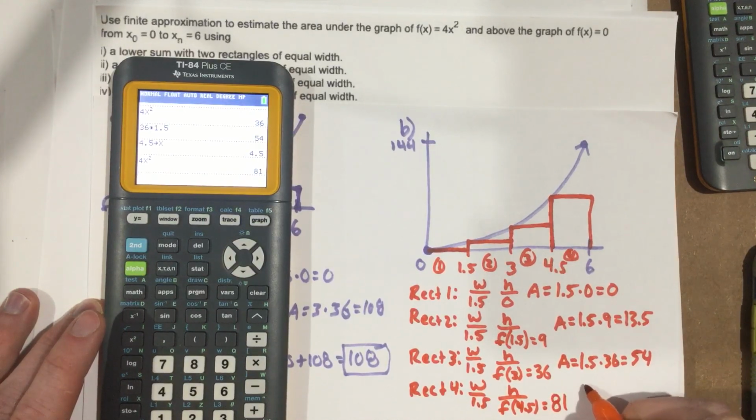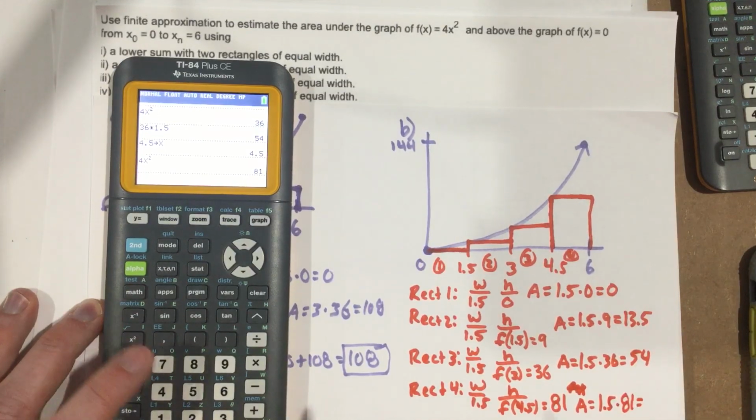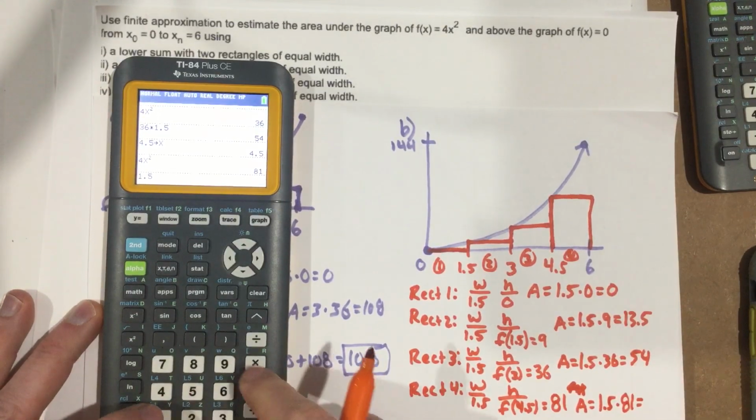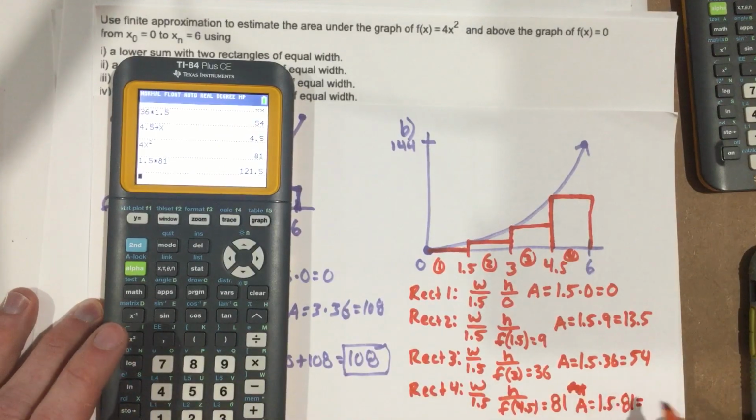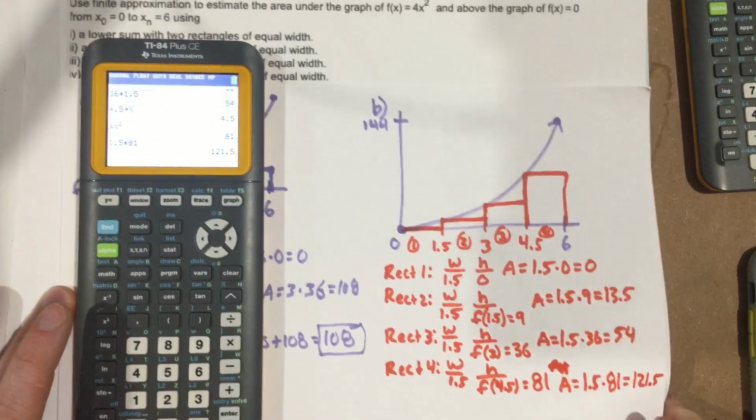So area equals 1.5 times 81. 1.5 times 81, 121.5. So we get 121.5.